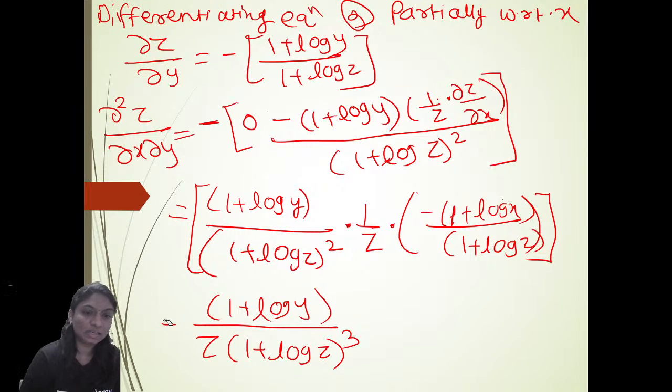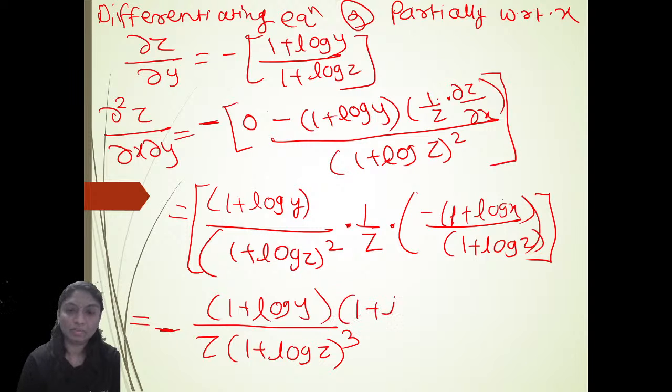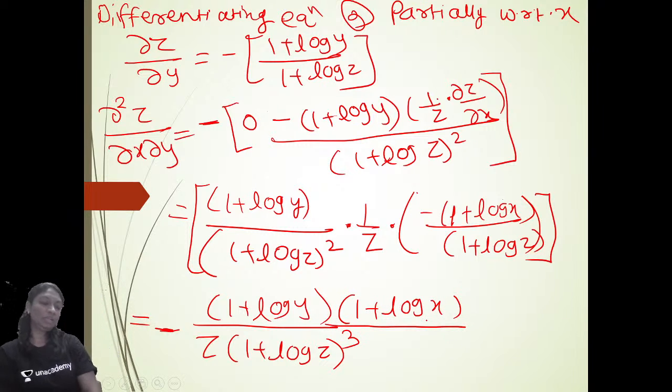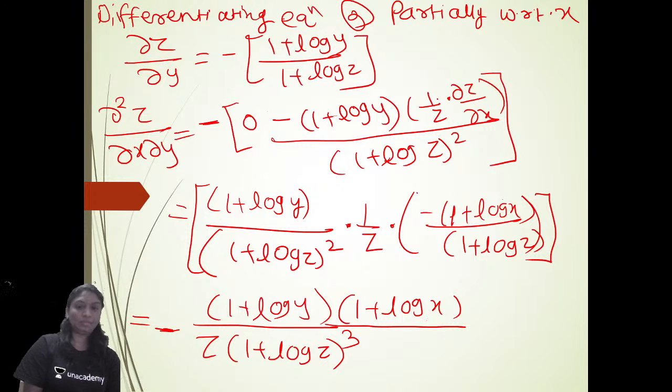And this minus sign as it is outside, and here is into 1 plus log x. 1 plus log y into 1 plus log x upon x in z into 1 plus log x bracket cube. Okay, 1 plus log z bracket cube.